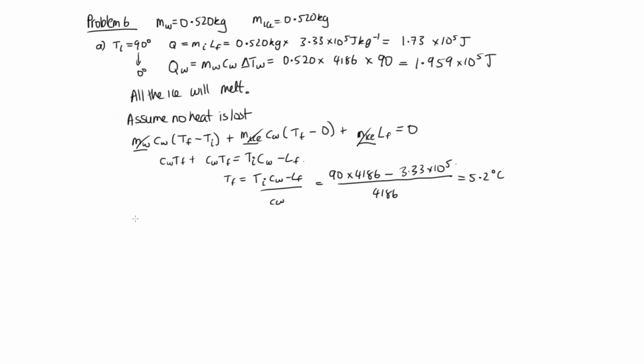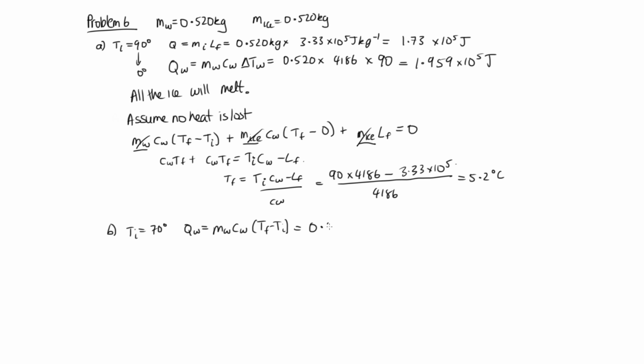Okay, so we've solved part A. We've worked out that all of it will melt and it will end up at 5.2 degrees C. In part B, the initial temperature of the water is now 70 degrees. So the heat needed to melt all the ice hasn't changed, but we can now calculate how much heat the hot water can provide, and that's given by the mass of water times the heat capacity of water times the final temperature minus the initial temperature, and in this case it's 70 degrees because the 70 degrees is cooling down to 0.